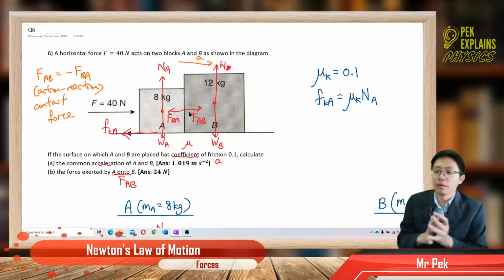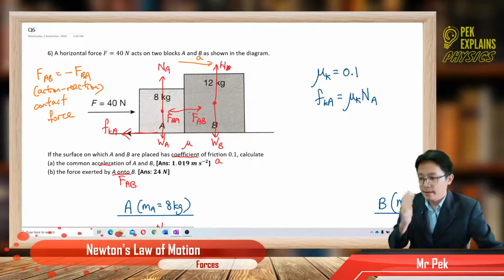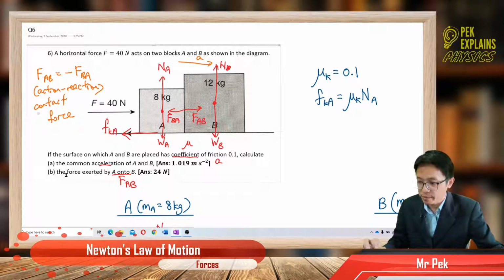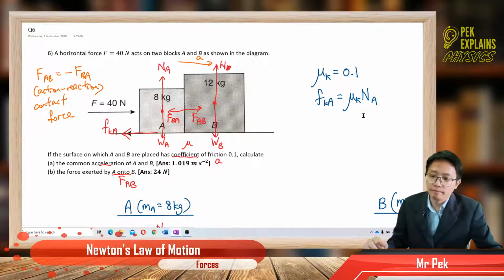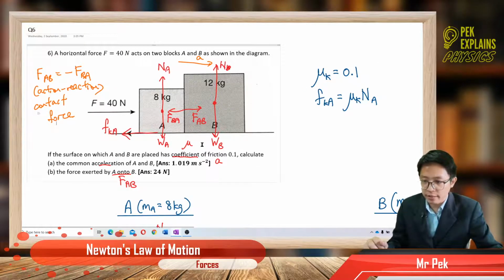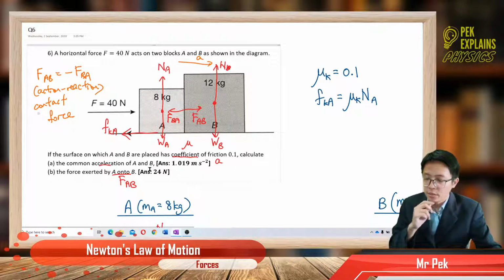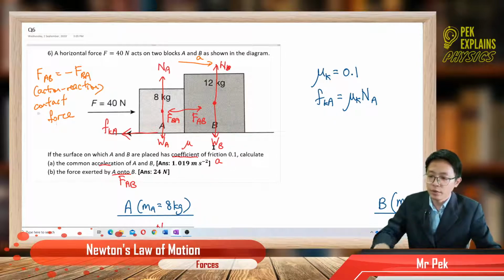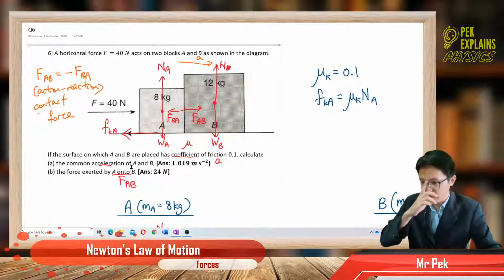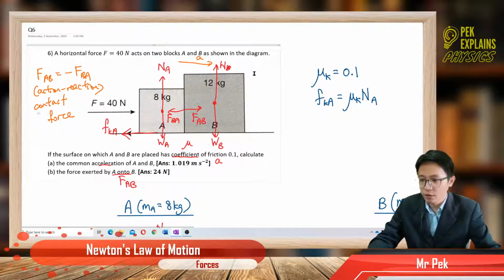So today we learn about contact force. So this is question B. He asked us to find the contact force. Now, he gave us a mu, so I already put inside here mu k 0.1. We want to find acceleration, but before that, let us find the acceleration of the whole system.